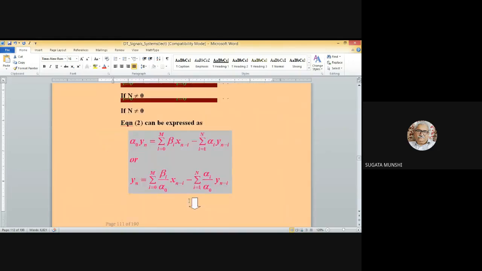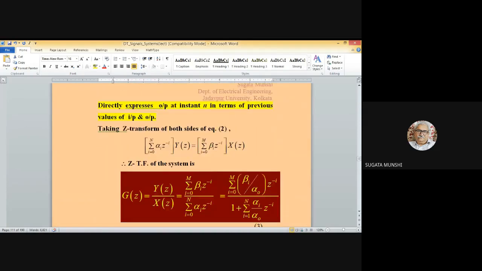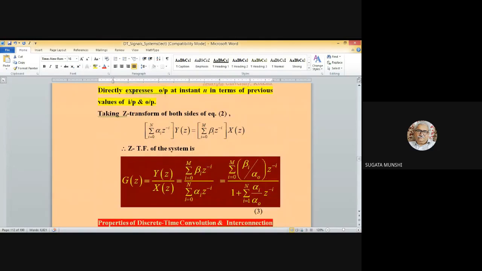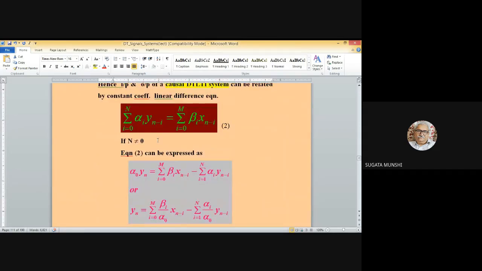Now in this equation 2, if you take the Z transform of both sides, use the time shift property of Z transform. So what will you have on the left hand side? Alpha I, because there is the term yn minus I, alpha I times z to the power minus I Y(z).